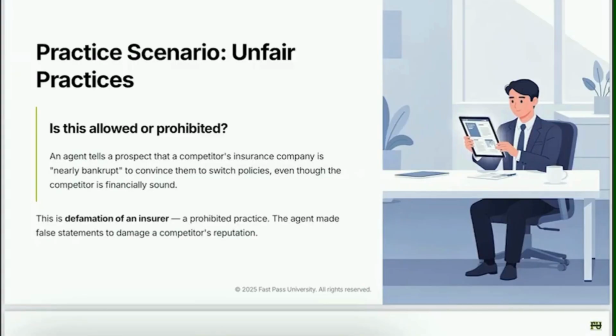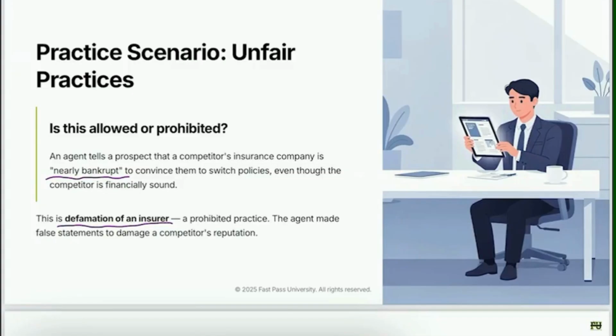And that is a worse unfair practice than twisting or churning, as defamation can lead to much higher fines as well as civil cases, things like that. So, talking about the other company's financial condition or speaking about them negatively makes it defamation.